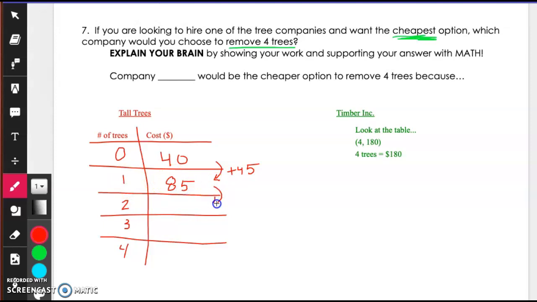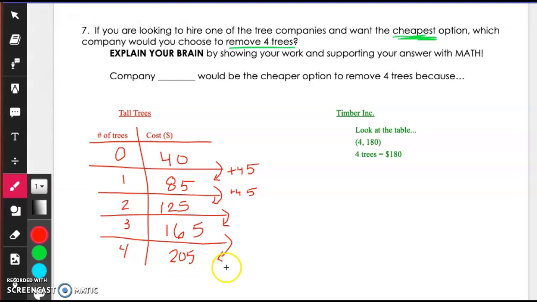Same thing gets us to, you're doing the math, I already did it, $125. I did use my calculator for this. Plus another $45 gets us to $165. And then plus another $45 gets us to $205.